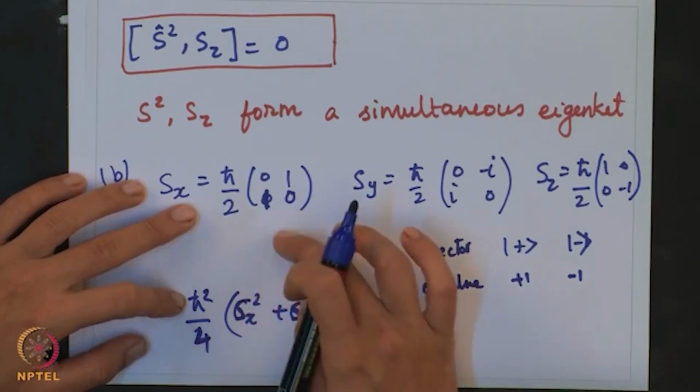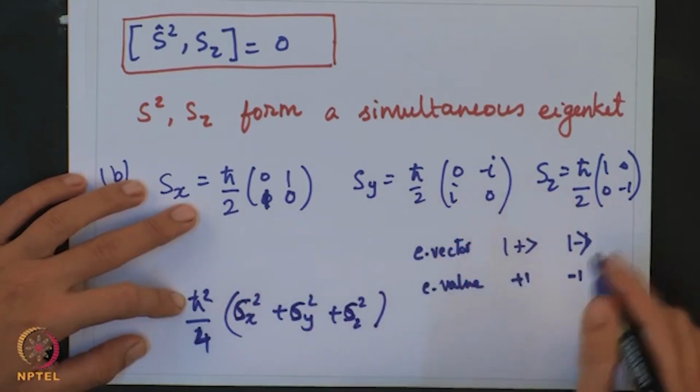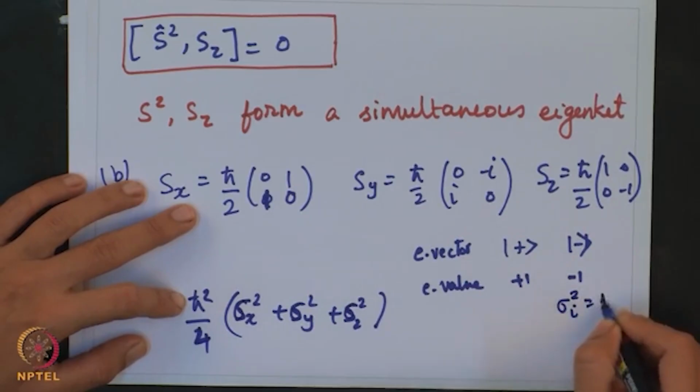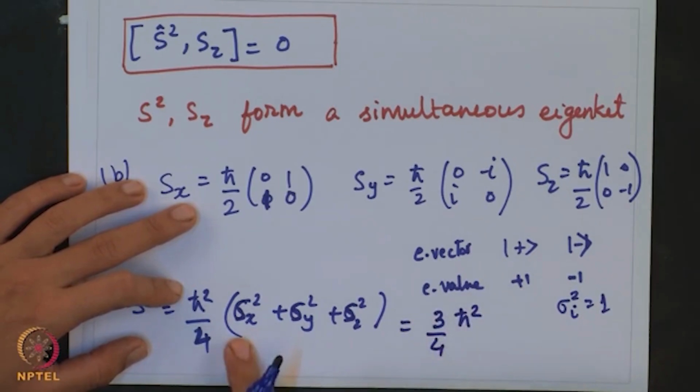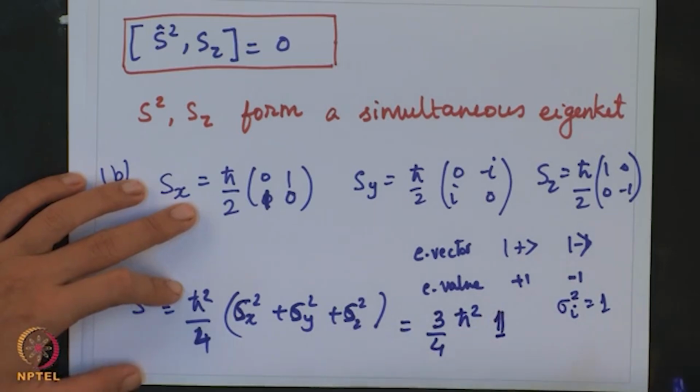When I square this plus this plus this, we know that sigma i square is 1. So, this will give me 3ħ square by 4 times identity plus identity plus identity, which is nothing but the identity matrix.